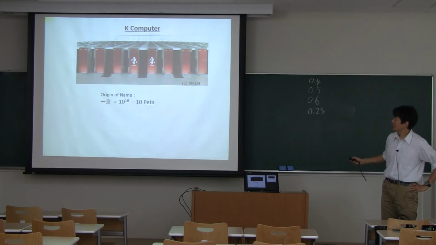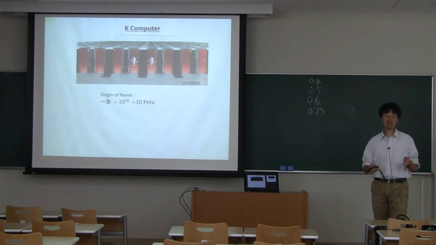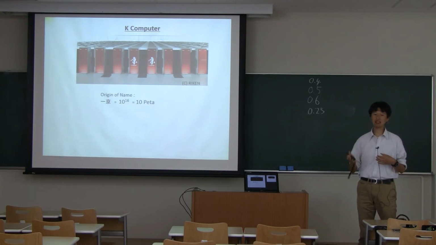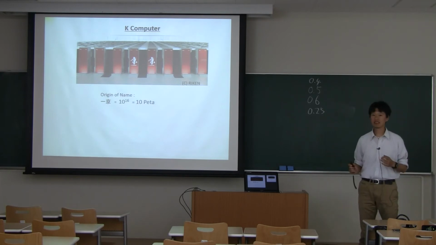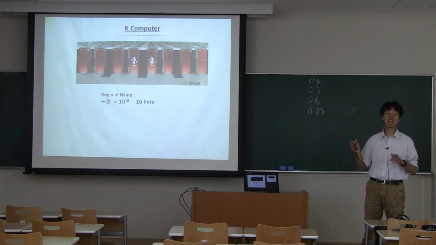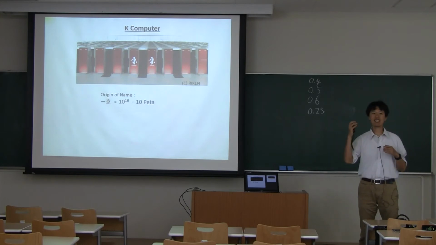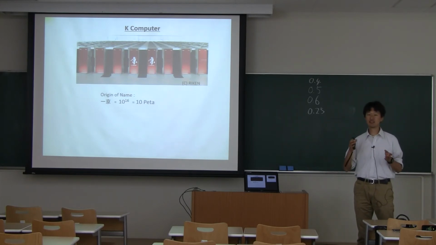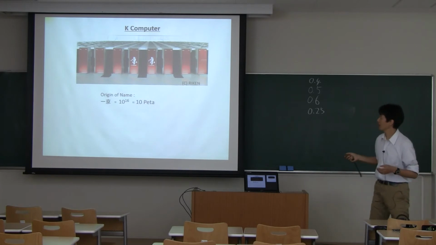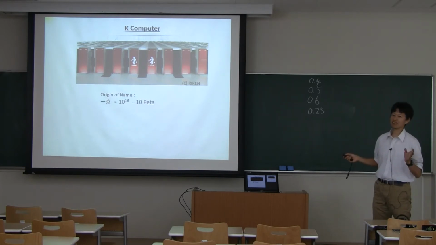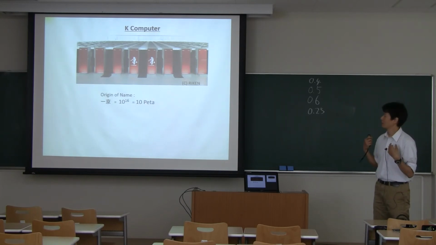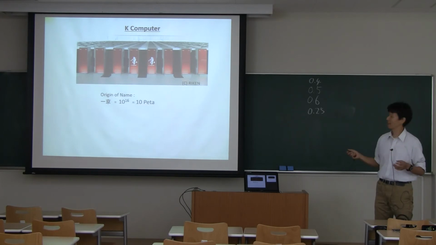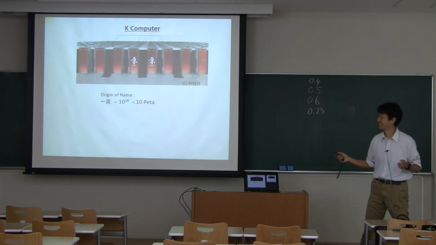So the Japanese engineers wanted to achieve 10 petaflops ability with this computer. So they named the computer K with their ambition. Okay? So when I heard this story, I felt the strong passion of the Japanese engineers. So I like their stories and I like this machine very much.